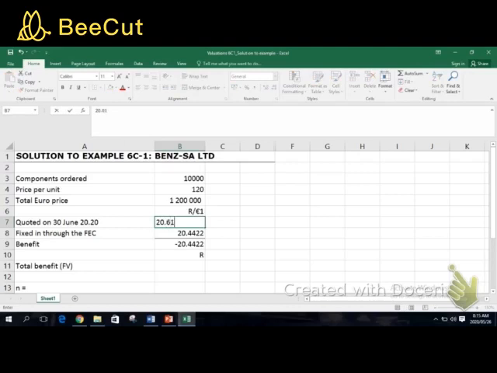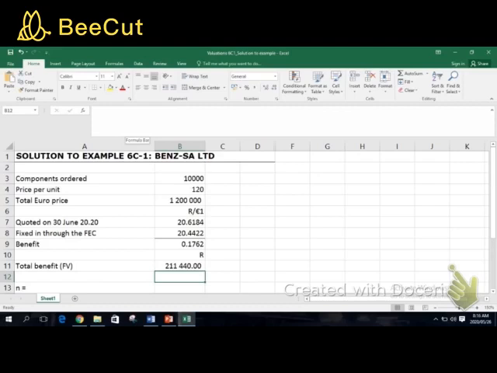And so there we would have locked in a rate of 20 Rand 61.84. So we determine that a 17.62 South African cents per euro benefit arises, that we need to apply to the 1.2 million euros, and it gives me 211,440 South African rands.